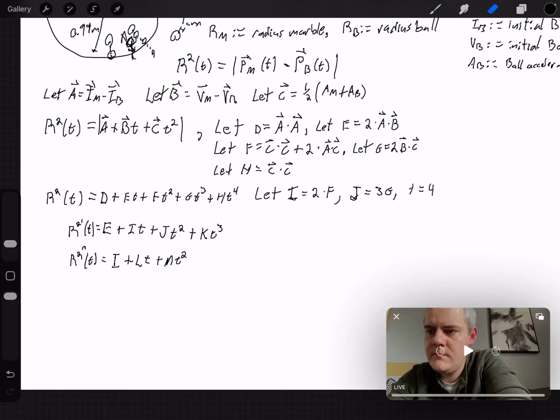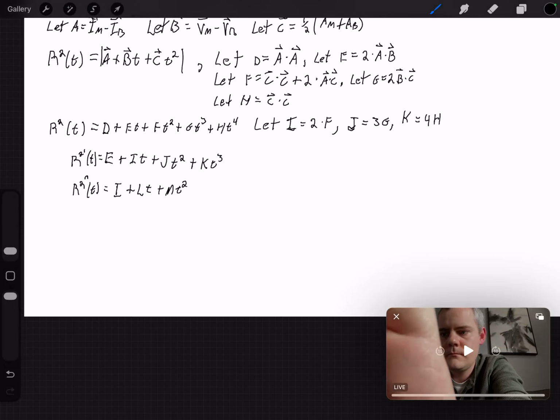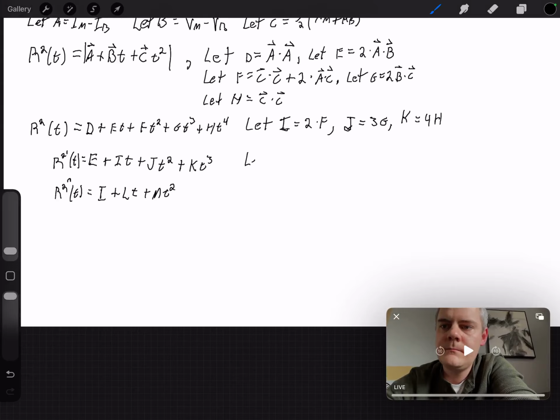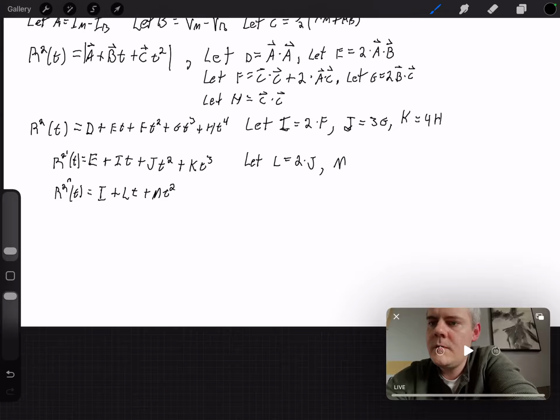No. And then down here we have, oh, I see, I misaligned these, but that will be fine. L is equal to 2 times J. M is equal to 3 times K.